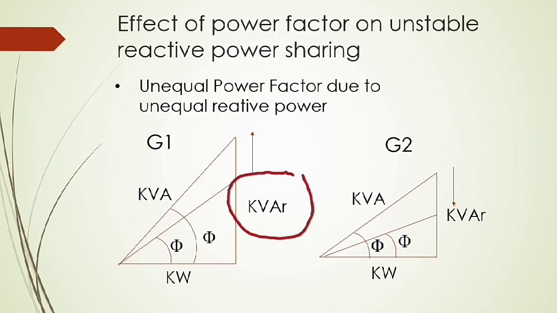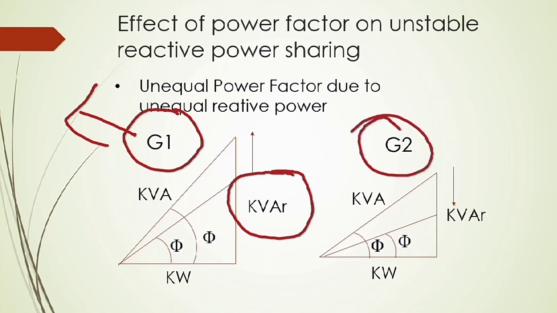For the same useful power, which is the active power, G1 supplies more apparent power, and G2 supplies less apparent power.